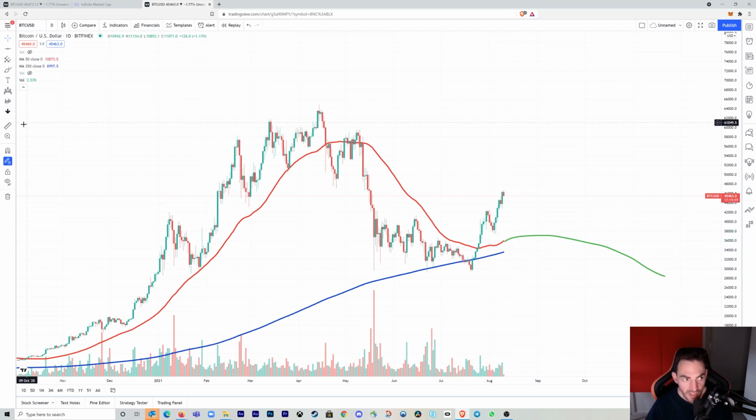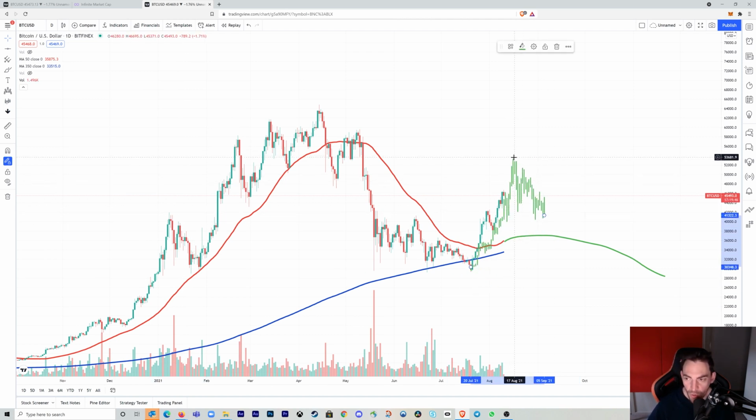Another scenario is that we go up a little bit higher first before we come down. So let's just grab one of these. Let's go from here to here, and we'll move this into place. So if this particular scenario happens, it could bring us up to, this is showing around the $53,000 mark. And that does line up with a few points that we've got here that could act as support or resistance.